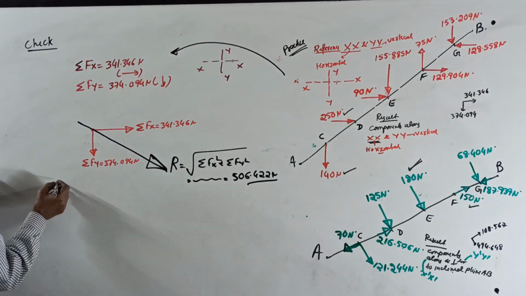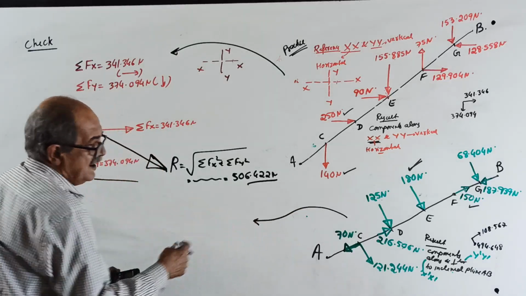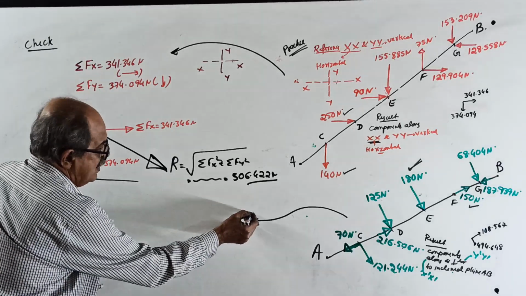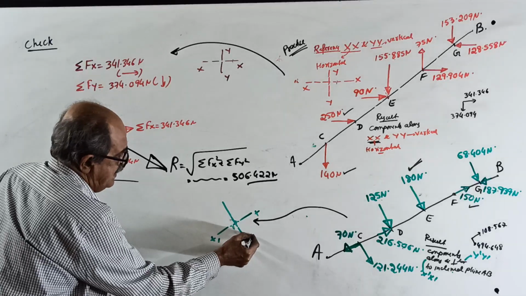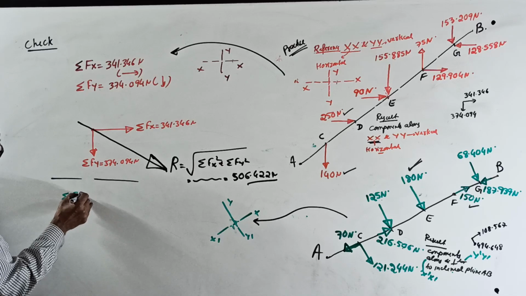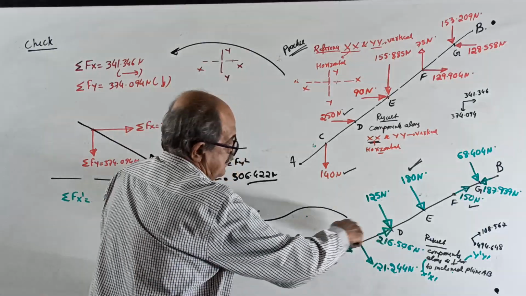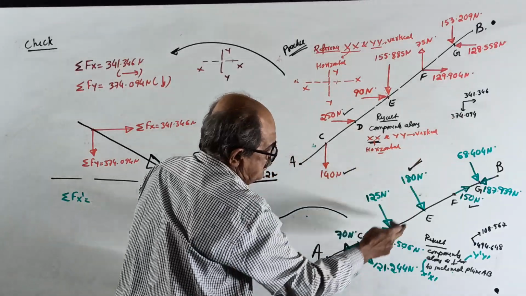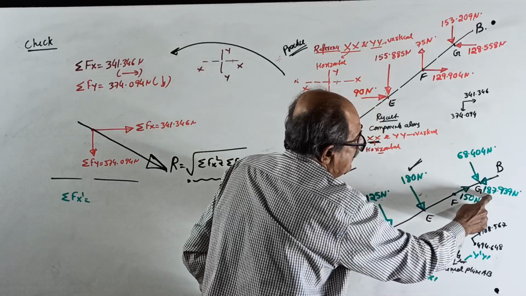Now, this is for that one. Now come to this one. When we did the other resolution, one is along x dash and the other is perpendicular to that, y dash. Then sigma Fx dash equal to, taking right side positive, minus 70 plus 216.506 plus 150 minus 187.939.